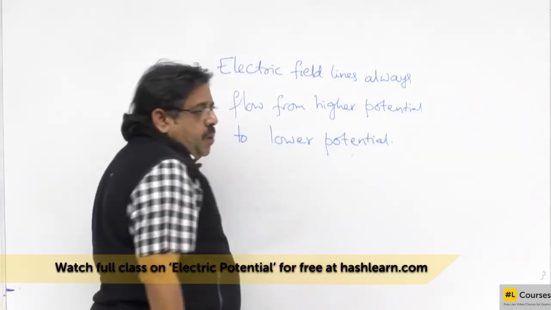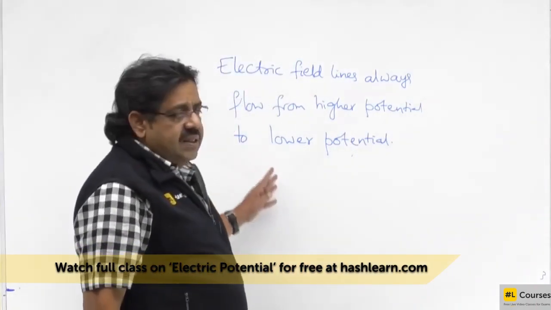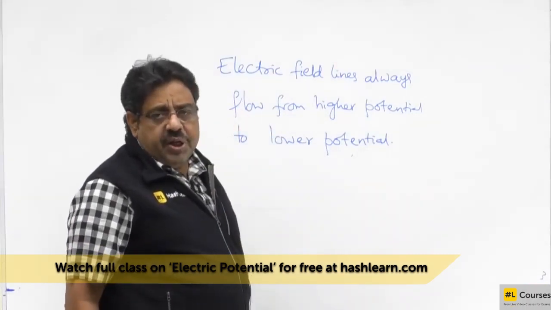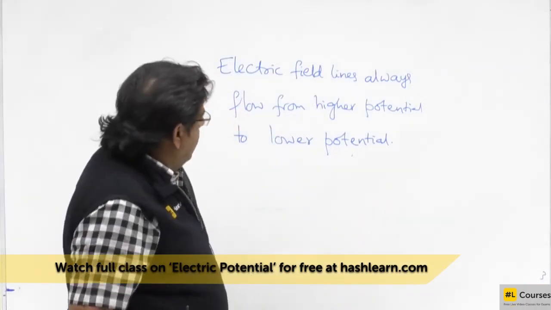This is a very, very important point. Okay, electric field lines always run from higher potential to lower potential.